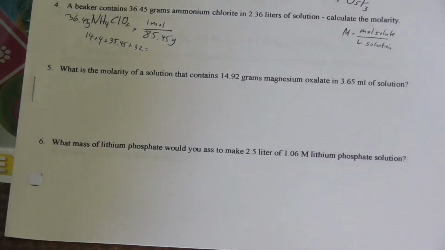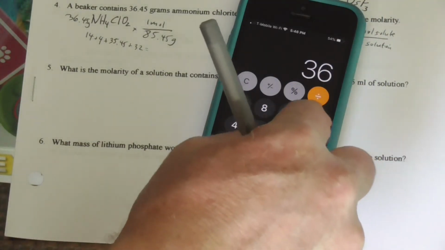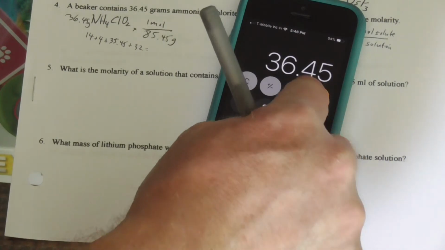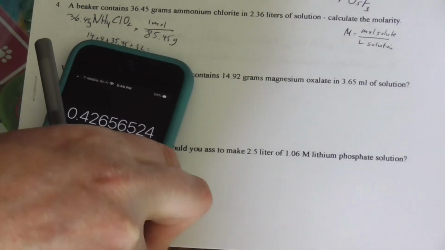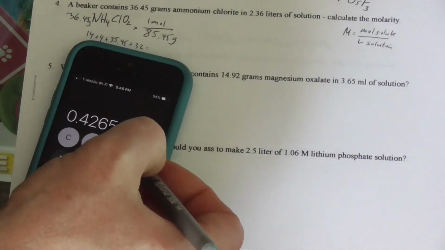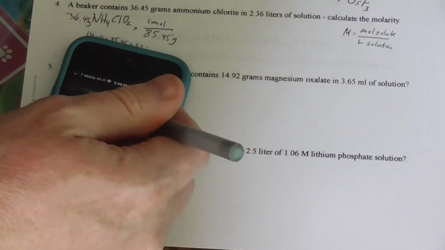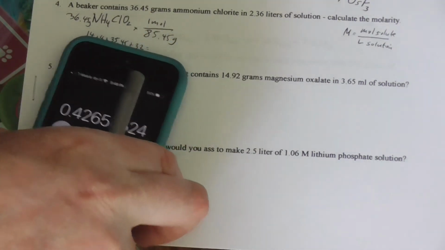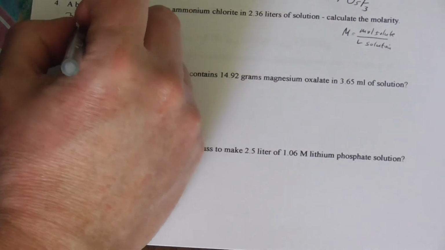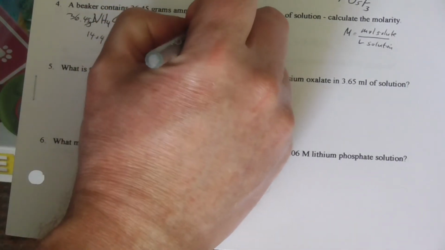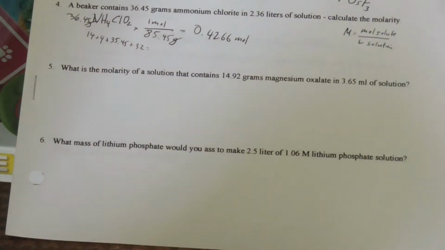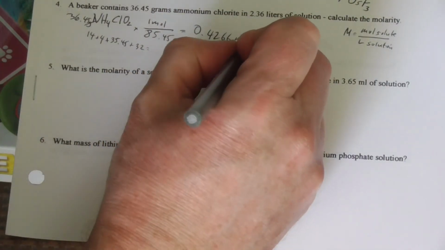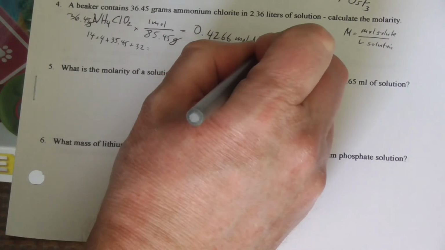Okay. So 36.45 divided by 85.45 gives me 0.4266 moles, because my grams cancel out, all I have are moles. So 0.4266 moles of ammonium chlorite.